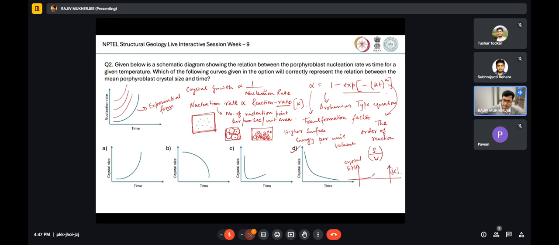If my nucleation rate is increasing with time, we will see that the crystal growth will follow this kind of curve. This is a peak crystal size when the nucleation rate is much smaller, and as the nucleation rate increases, the crystal size will decrease.